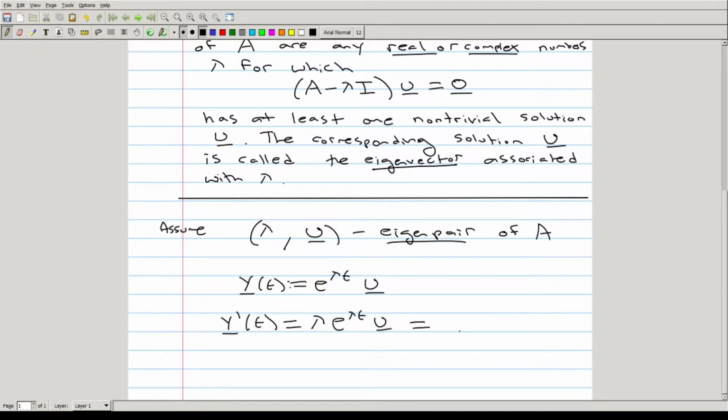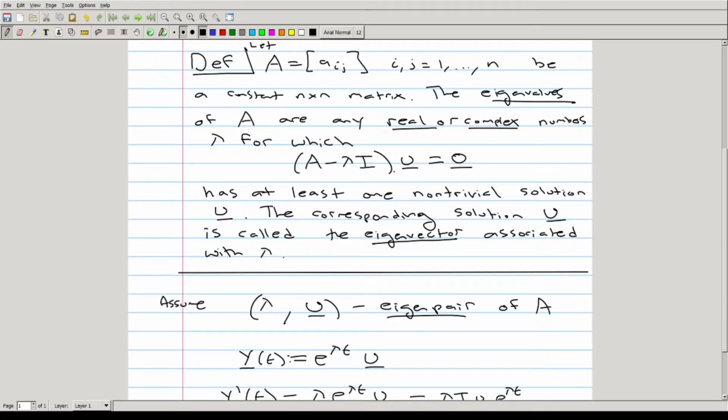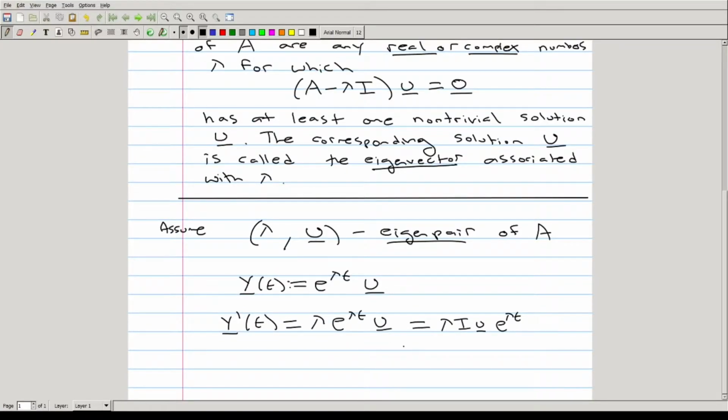And this is the same thing as lambda times the identity matrix I, times u, e to the lambda t, which from the definition of the eigenvalue-eigenvector relationship, lambda times I times u, is the same thing as A times u times e to the lambda t, which is equal to A times y, because y is the product of u and e to the lambda t.